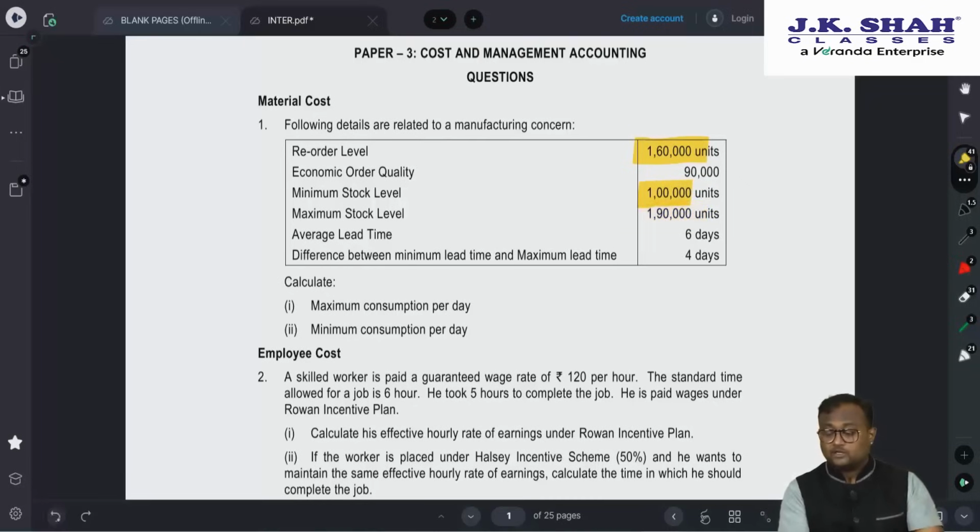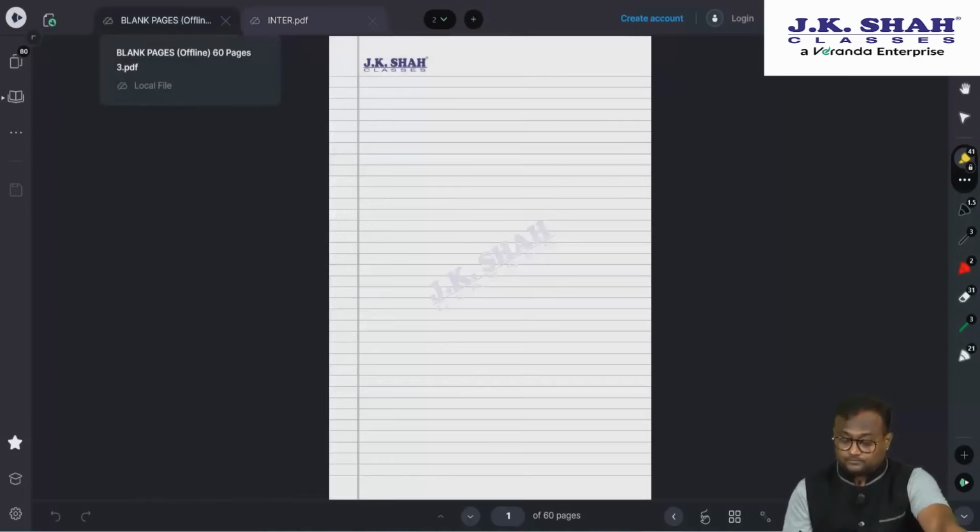Generally, stock level we calculate. This time they have given you stock levels. Correct? They say average lead time is 6 days. Okay, so I'll start with something which is vital for me now.